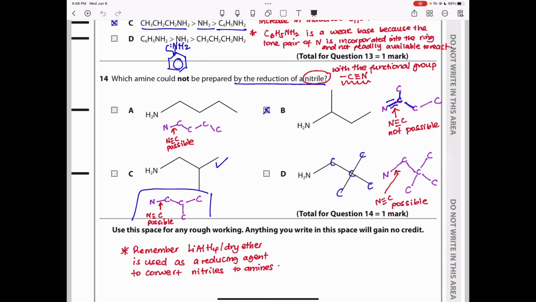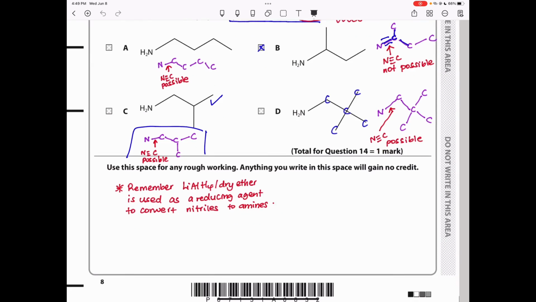It's not possible that this was the nitrile that was reduced. This other one, let us see, it's here. If you look here, carbon is only bonded by 1 bond on the other side, so there is a possibility of 3 bonds to exist here, so this is also possible. The only impossible answer would be B, so that's B.